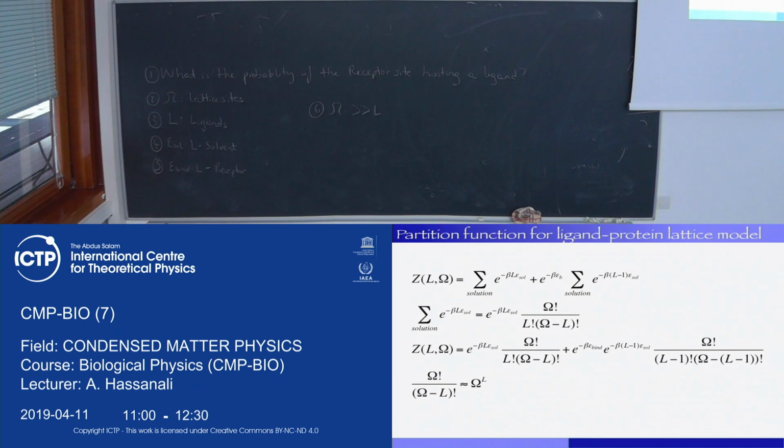Not clear. I'm really confused. Okay? I mean, the ligands, all of them, do they have the same energy? That's the assumption of the model. They have the same energy. When the ligand is in solution, when it's not in the receptor site, each of them interacts with the solution with E sol.